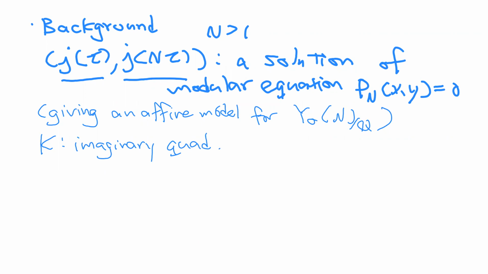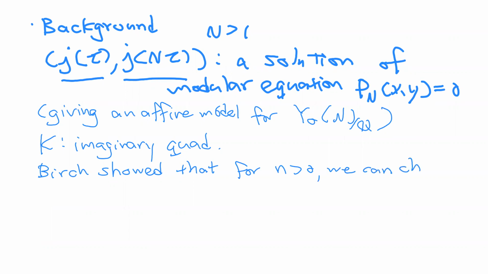Brian Birch noted that for each positive integer n, we can carefully choose some quadratic numbers tau sub n in this imaginary quadratic field K, which should have a positive imaginary part, so this is the upper half plane.